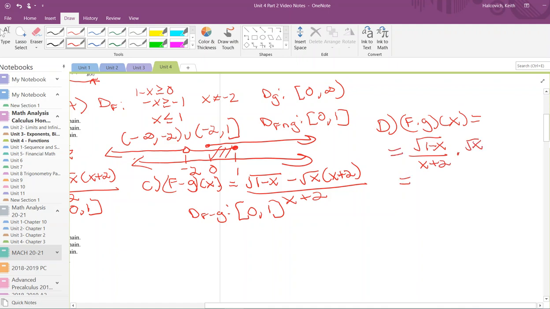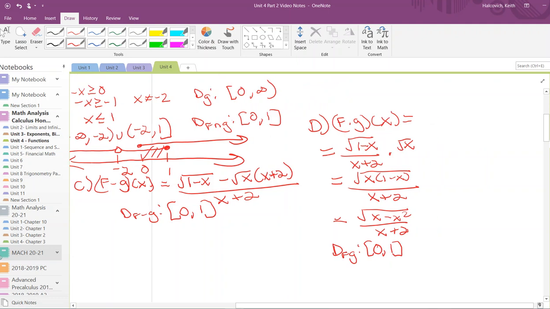And notice you can multiply under the radical, so you get the square root of x times 1 minus x over x plus 2. So you get the square root of x minus x squared over x plus 2. The domain of f times g is still from 0 to 1.